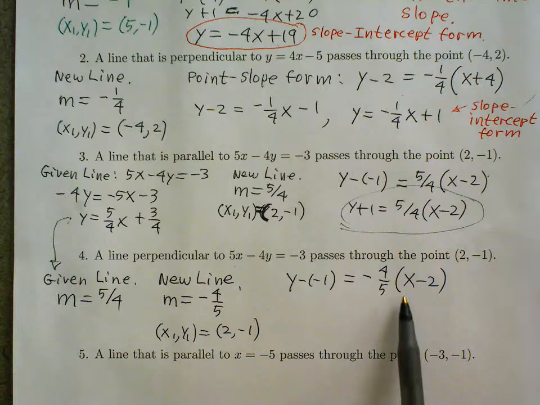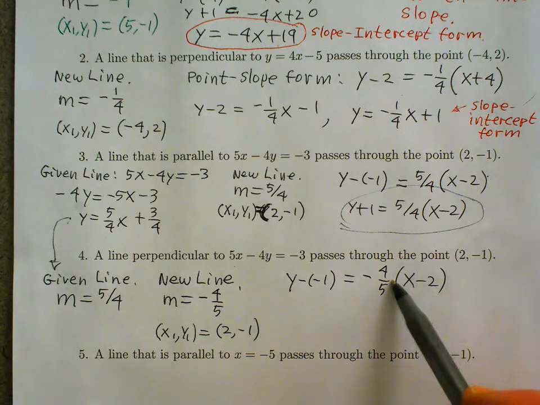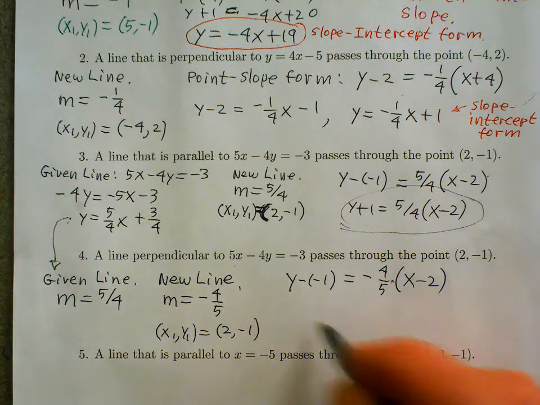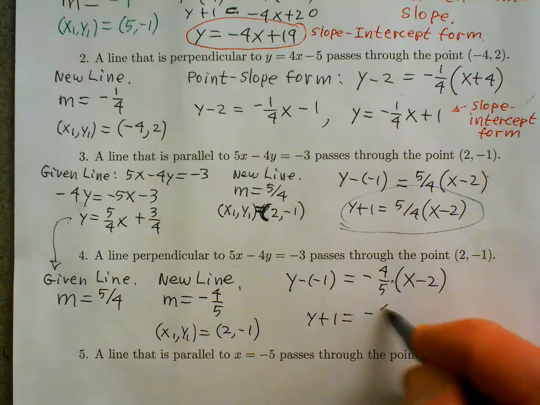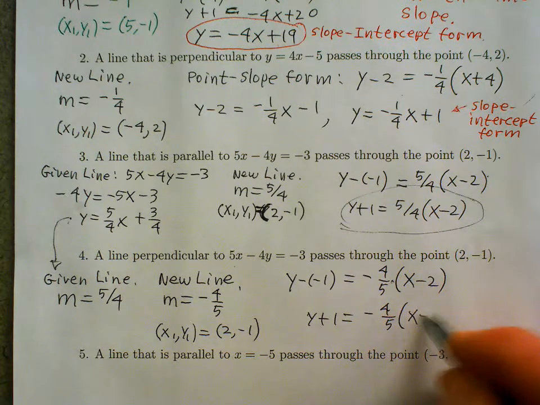So when you're applying the point slope form, make sure that you always put the x minus x1 inside parentheses. Okay, we should simplify this a little bit on the left-hand side. y minus -1 is y plus 1. That's equal to -4/5 times x minus 2 in parentheses.